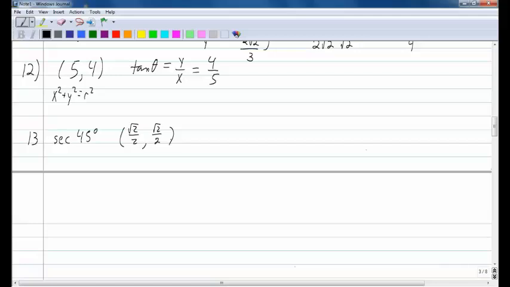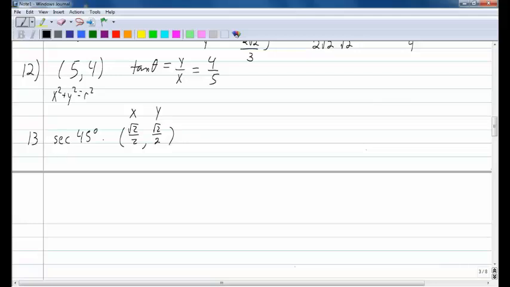Secant is equal to 1 divided by y, or 1 divided by x. Which one is it? X, because it's the reciprocal of cosine. That's right. So I guess it really doesn't matter on this problem, but it does matter in the long run. So secant is 1 divided by x.